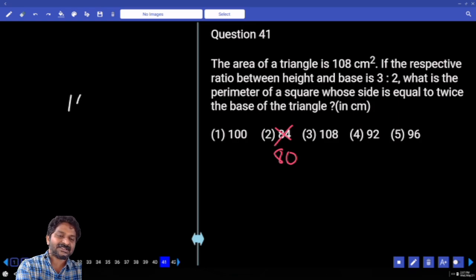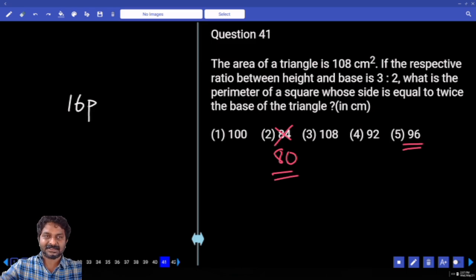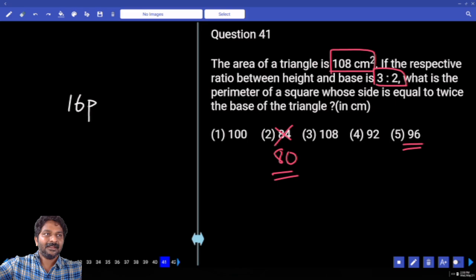You know that answer is 16 parts, right? So this is a 16 multiple, this is also a 16 multiple, correct? Now try to recollect the formula for area of the triangle. That is half into base into height. On the left hand side we have half, forget about it, base and height. Among base and height, mentioned as 3 multiple and then 2 multiple.